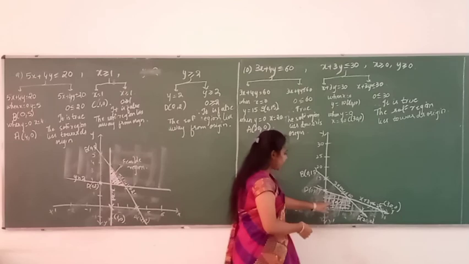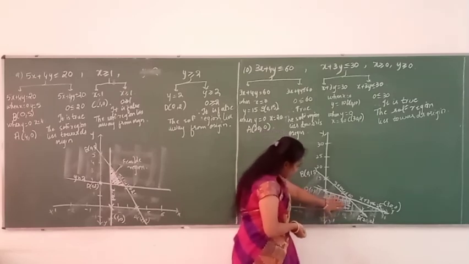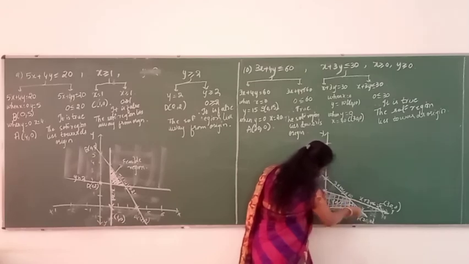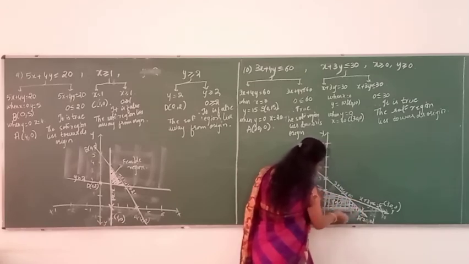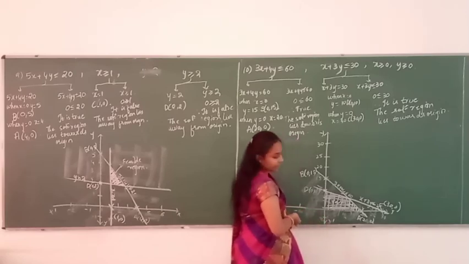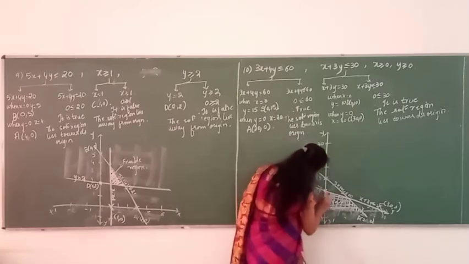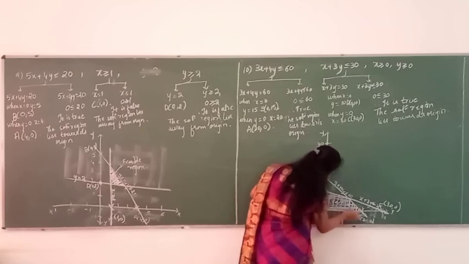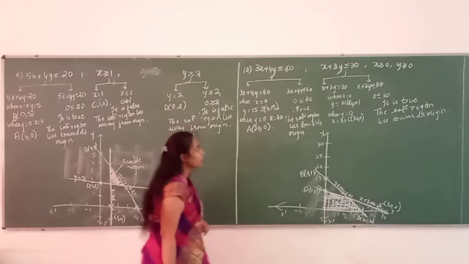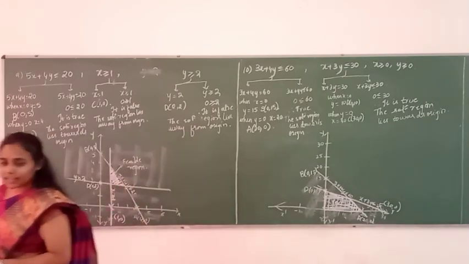So I said each and every point of the solution region, I have only shaded in the first quadrant. I have not moved towards the y dash or the x dash. So the points will be lying here itself. Okay. Now let us move on with the 11th problem.